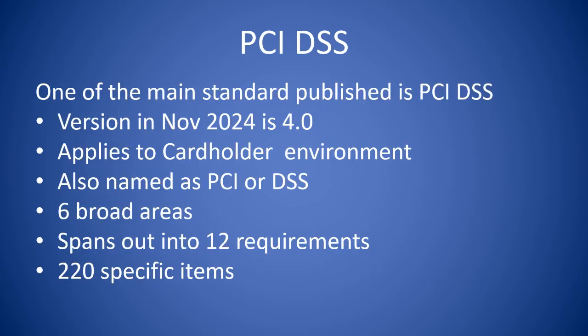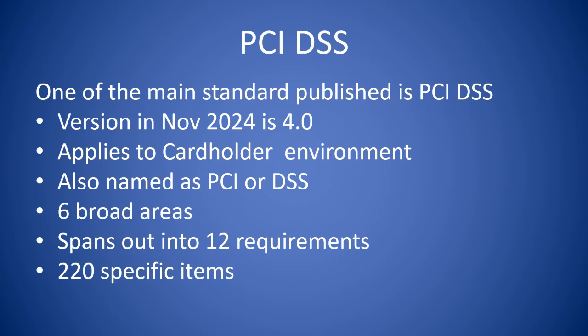So one of the main standards published by PCI SSC is the PCI DSS. The current version as of November 2024 is version 4.0. Applies to cardholder environment. It is also sometimes named as PCI, or people call it DSS.